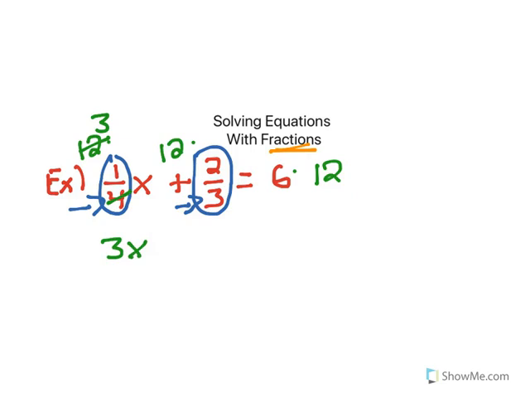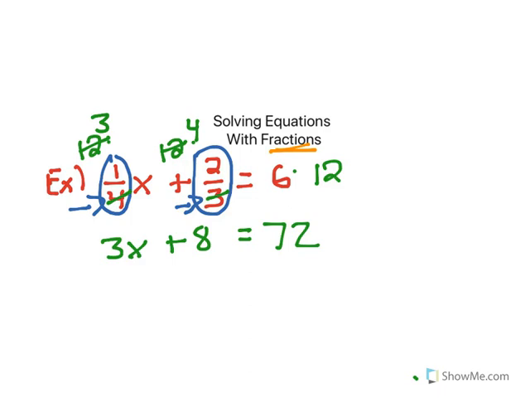Do 12 times 2/3, 3 goes into 12 4 times, so this will be 3x plus 8. And then over here, 6 times 12, 72. So I have 3x plus 8 is equal to 72.